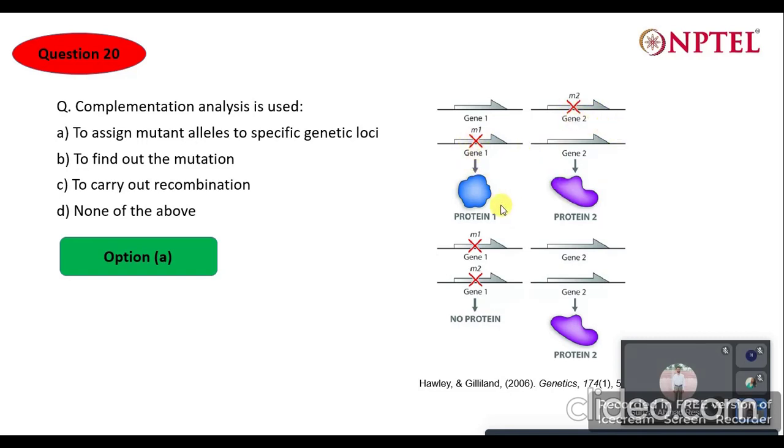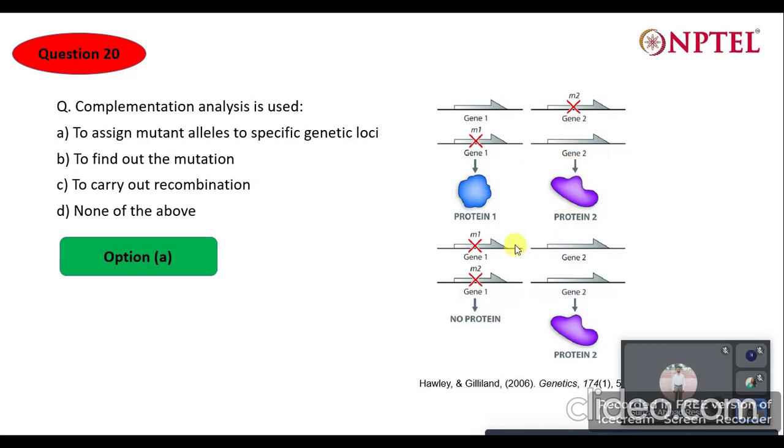Now we use this one first, so we get a protein 1. In this case, if either of them is mutated and then after recombination the genes recombine and form a wild type protein, this proves that there are different mutations in different genes, and that can be complemented after their crossing.